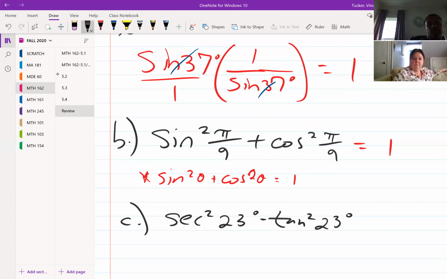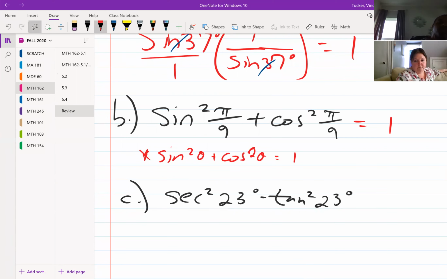All right. So the next one says secant squared of 23 degrees minus tan squared of 23 degrees. Also using another Pythagorean identity. 1 plus tan squared is equal to secant squared.